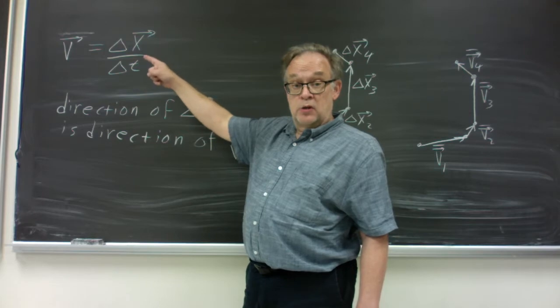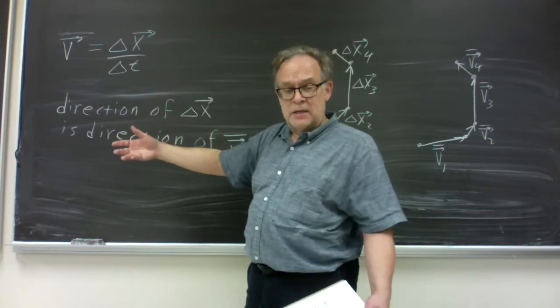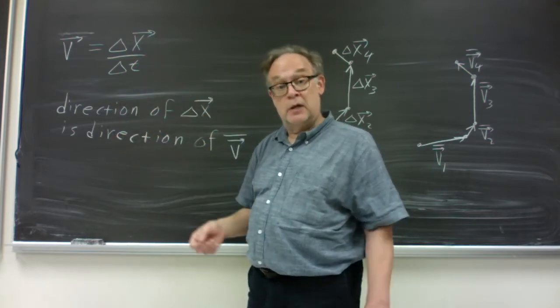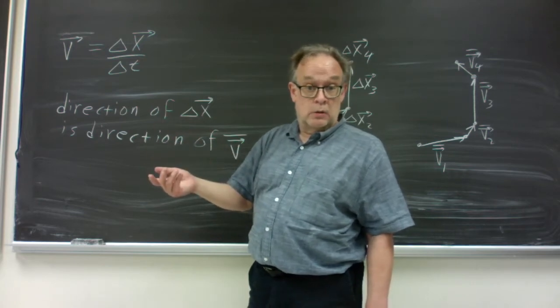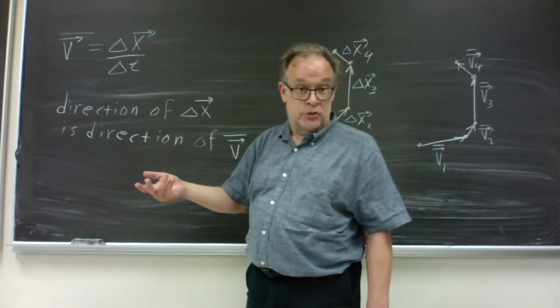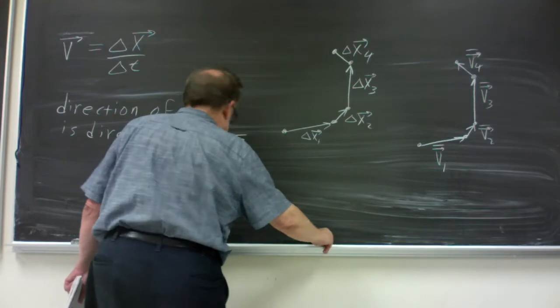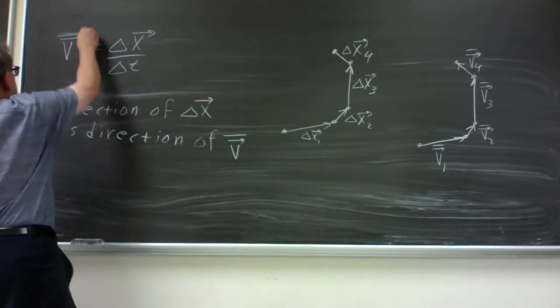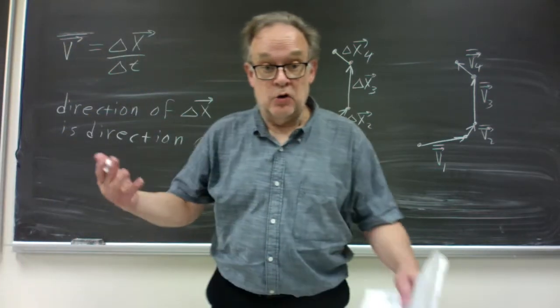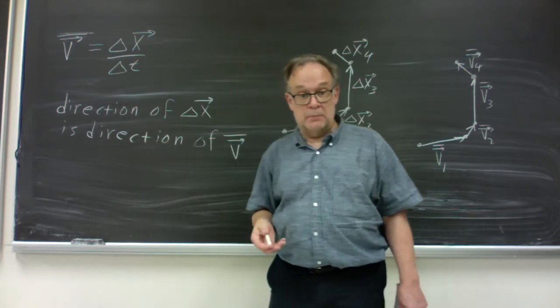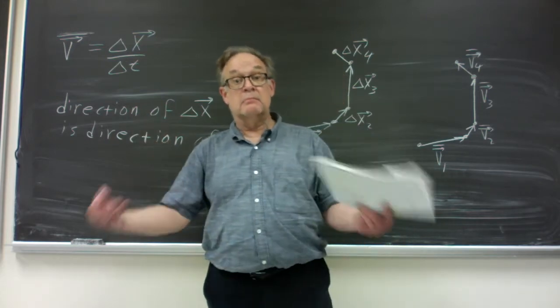I prefer to call this not just velocity, but a specific type of velocity. I should call it average velocity. So I just draw the line over top. The line over top is our usual way of indicating average.